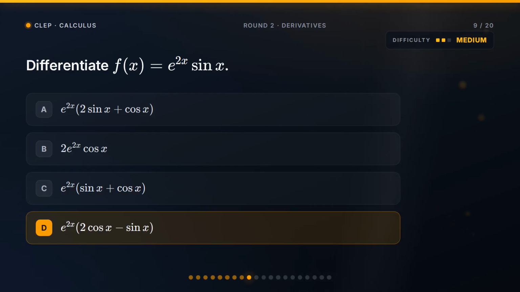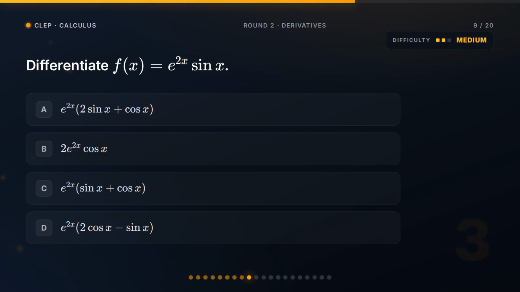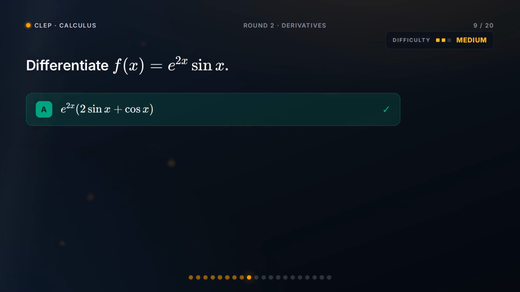D, e to the 2x times the quantity 2 cosine x minus sin x. The answer is A, e to the 2x times the quantity 2 sin x plus cosine x.